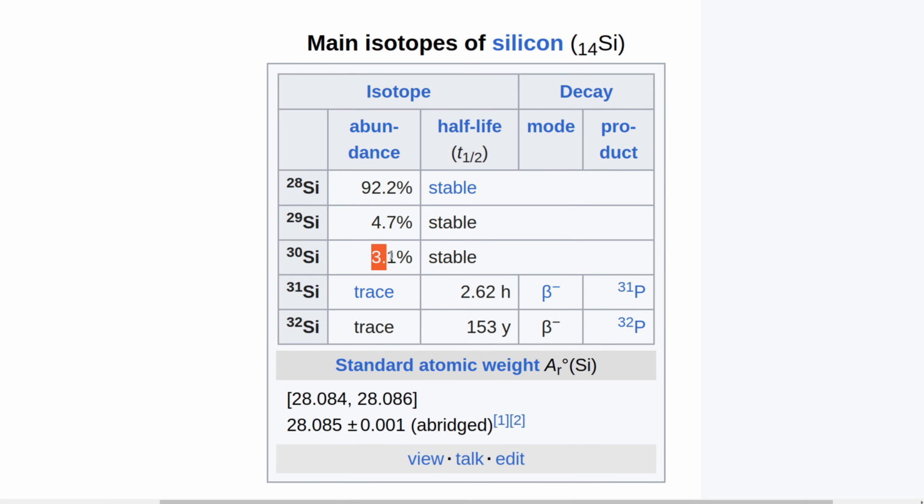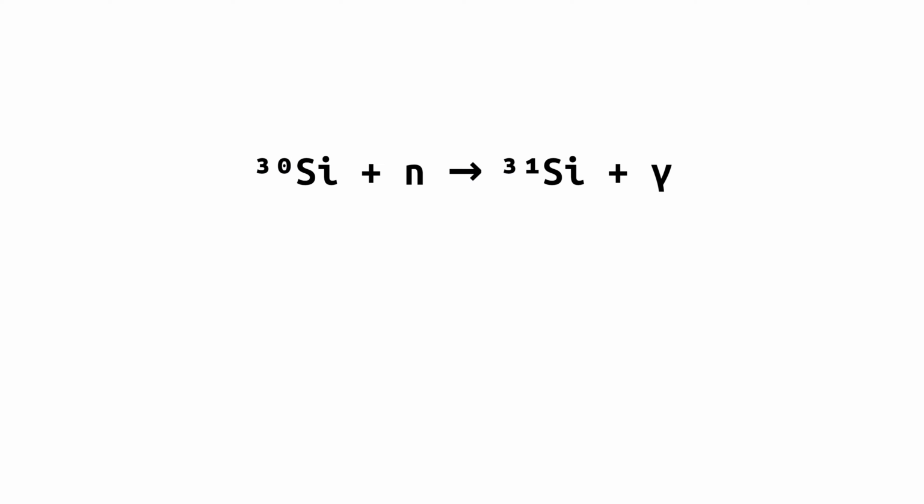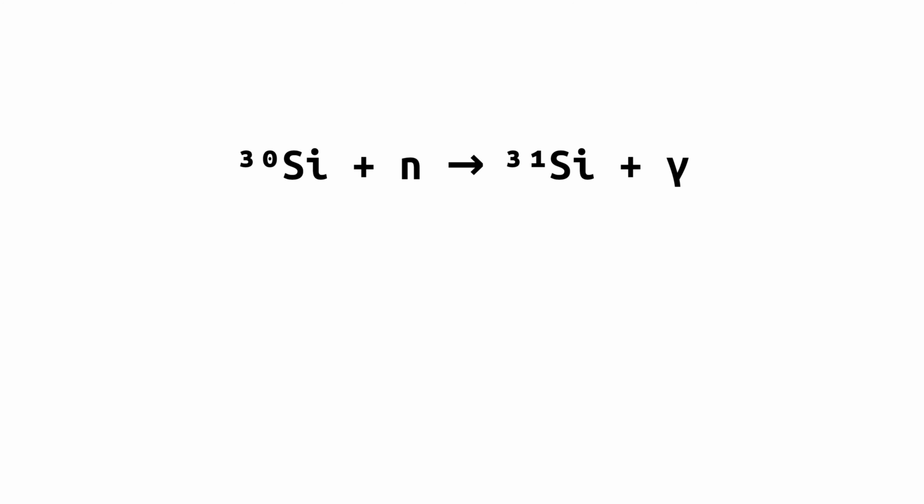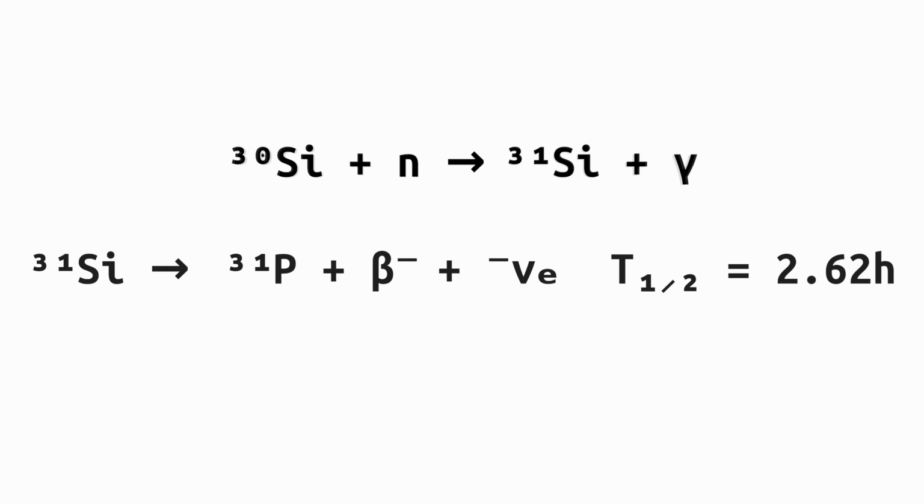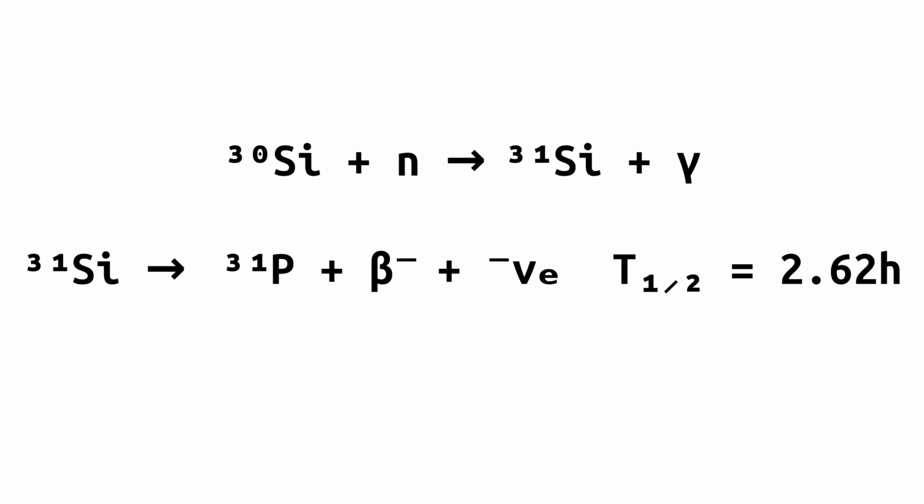Natural silicon is made of 3% silicon-30, which can absorb a thermal neutron to become the unstable isotope silicon-31. Silicon-31 quickly decays to become the stable isotope phosphorus-31. Phosphorus is one of the N-type dopants used to create transistors in the first place.